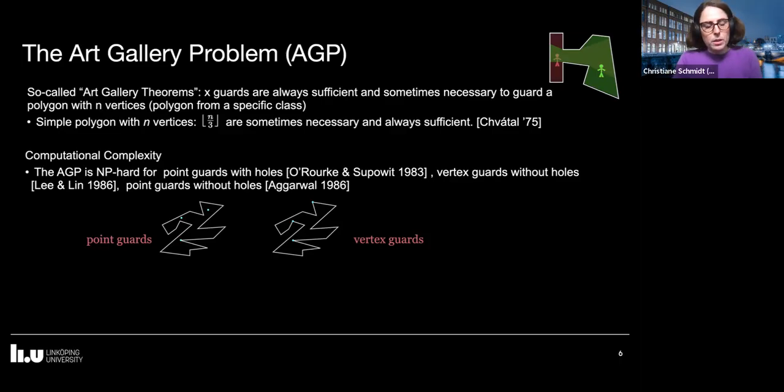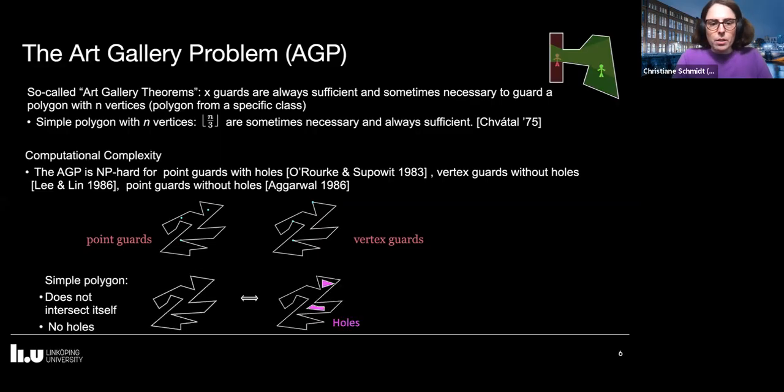So what do we distinguish? We often distinguish point guards and vertex guards. Point guards can be located anywhere within the polygon, and vertex guards are restricted to be on the vertices of the polygon. The other distinction is simple polygons, where the boundary does not intersect itself and we don't have holes, and then polygons with holes.